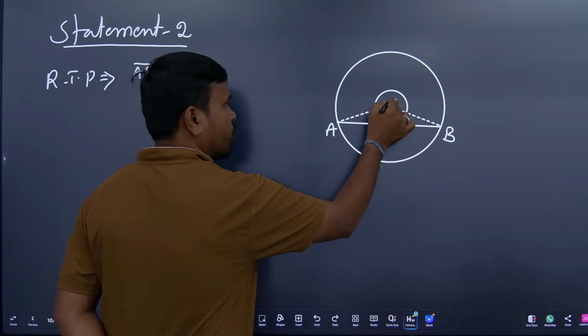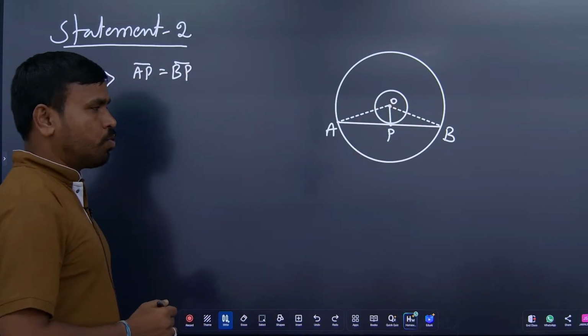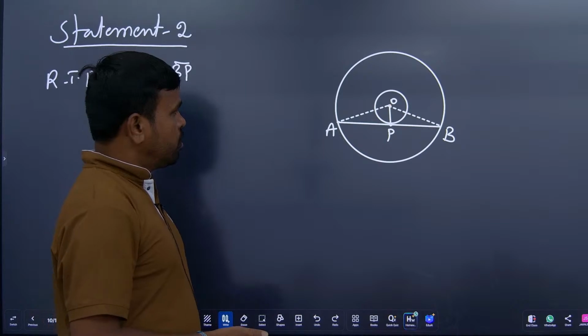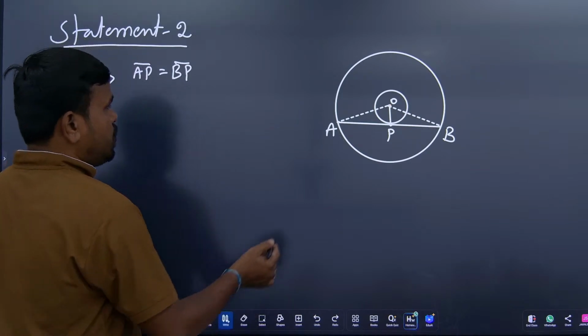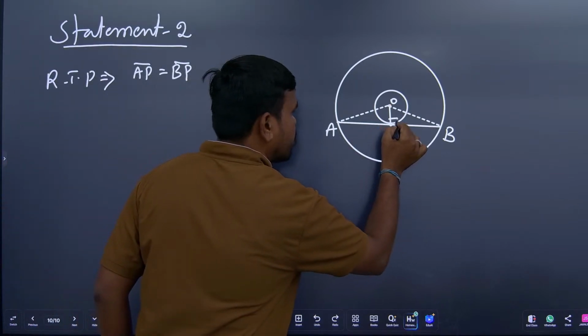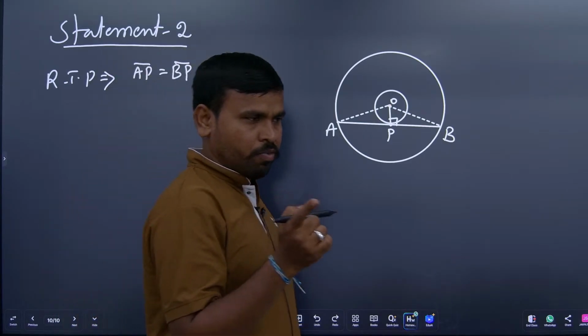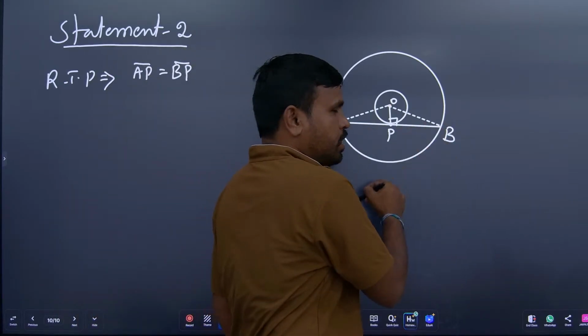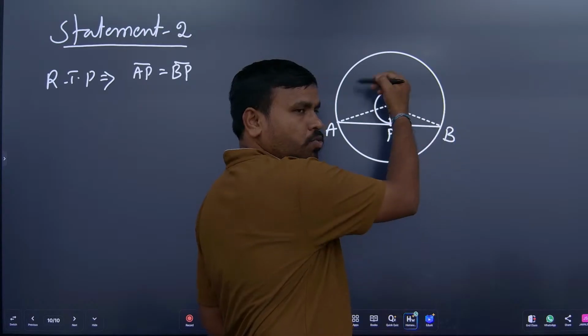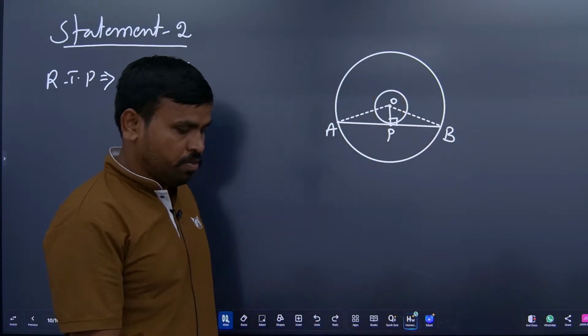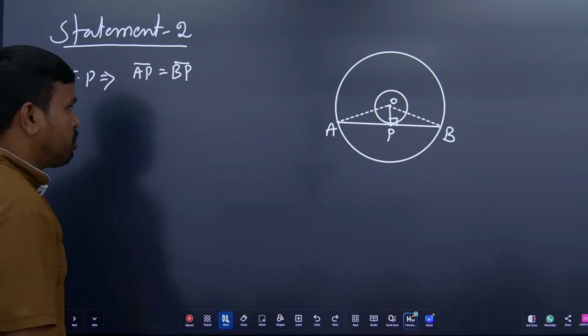This is the center O, OA and OB, and this is an angle of 90 degrees. The line touches at only one point. What is that line we call? Tangent. So AB is a tangent to the smaller circle.